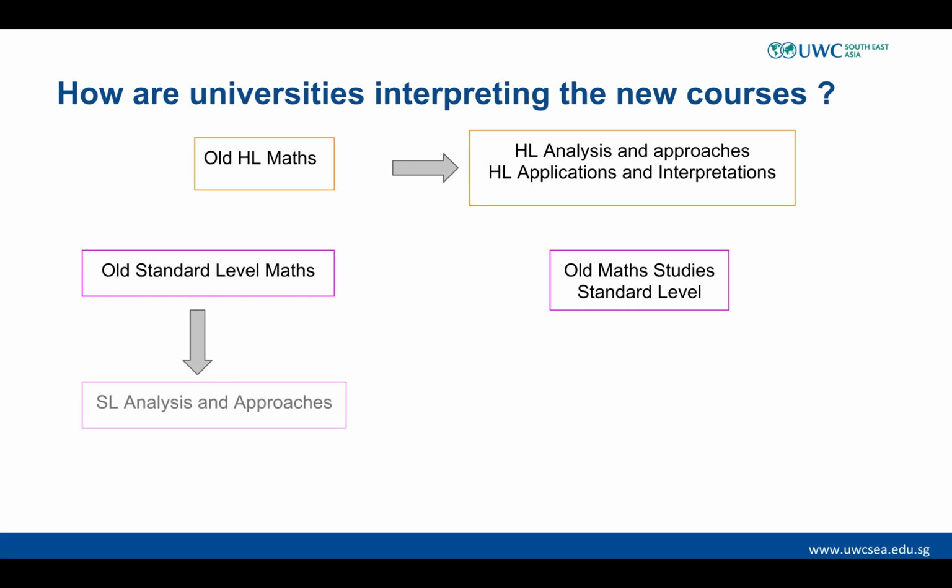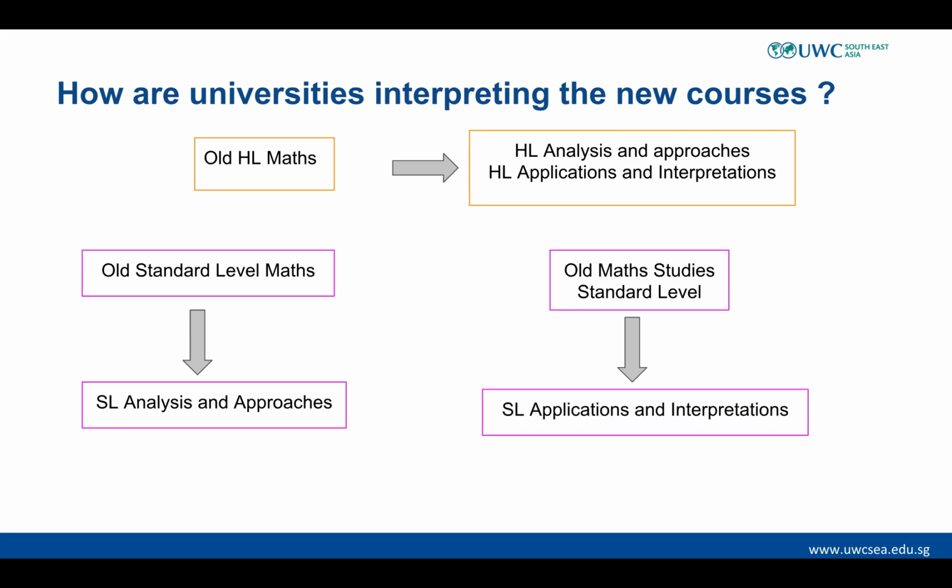The old standard level maps to the SL analysis course, the old math studies standard level maps to the SL applications and interpretations. I suppose in this regard then we're pretty clear on what the university requirements are for certain types of courses around the world, because there's not a lot of change from the old courses in universities' minds.